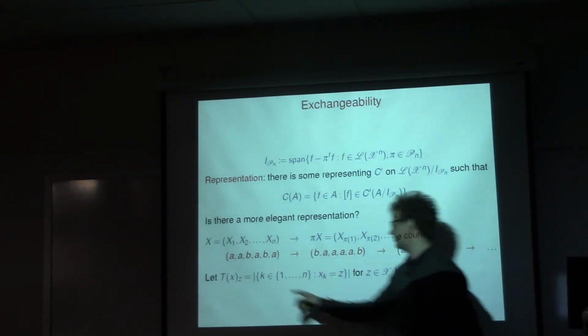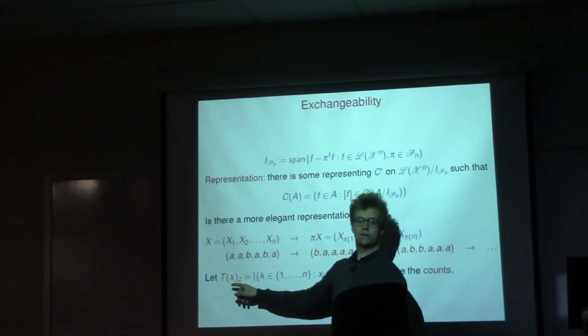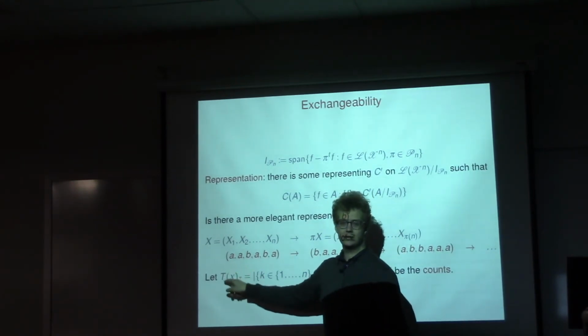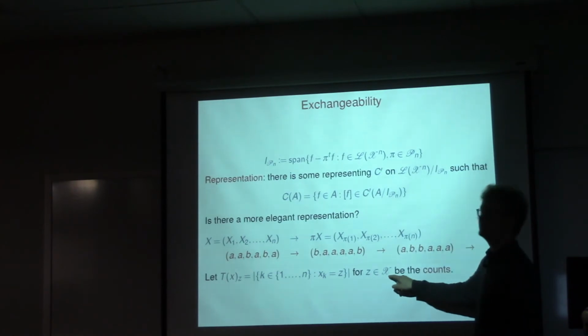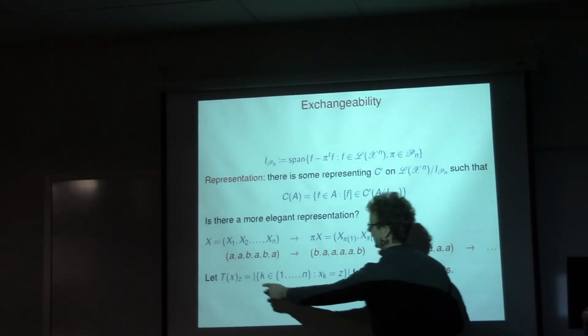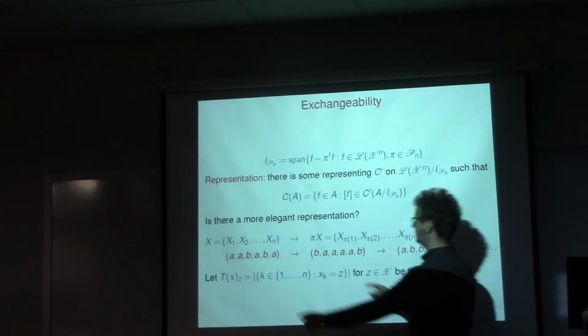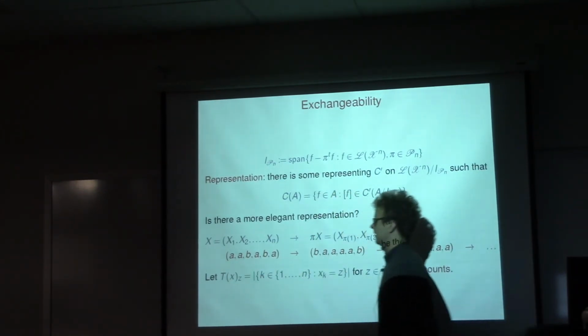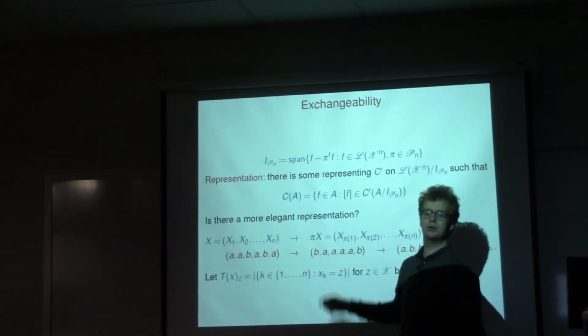Let's focus on the count vector. The count vector, g of x, for any observation x, is a vector. Its z component, for any z in the outcome set, is just the number of times that z occurs in the sequence x. So for instance, in this sequence, A would be 4 and its B component would be 2.